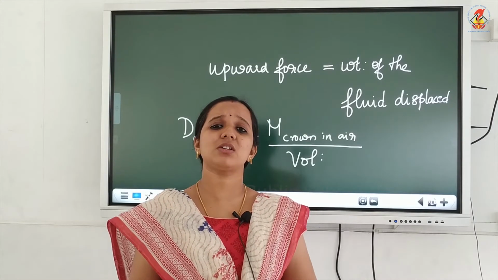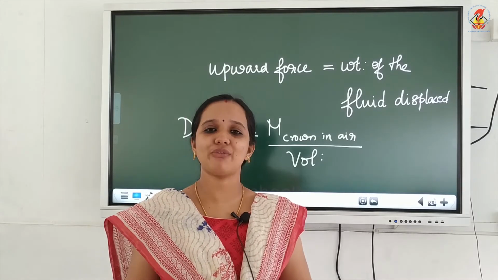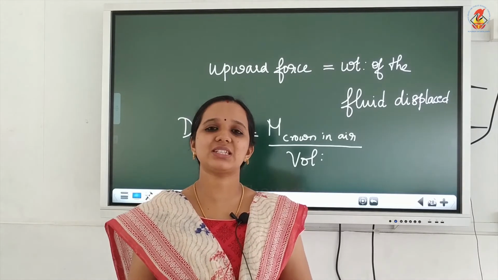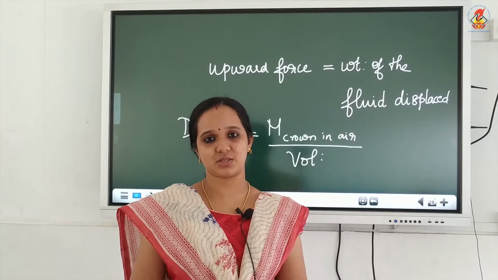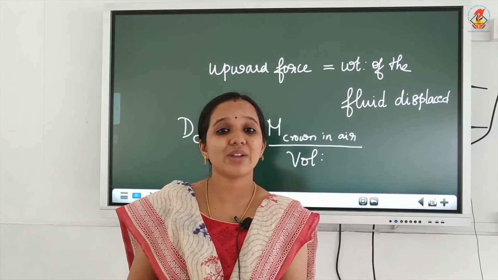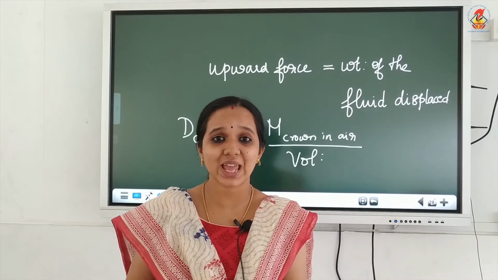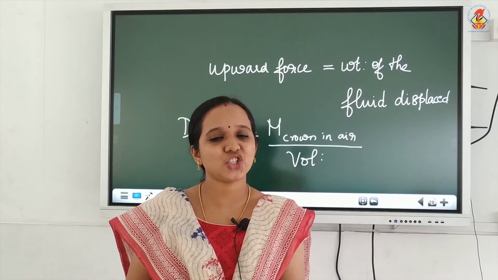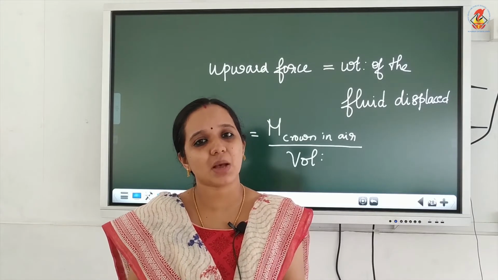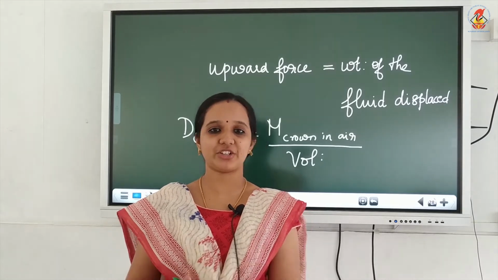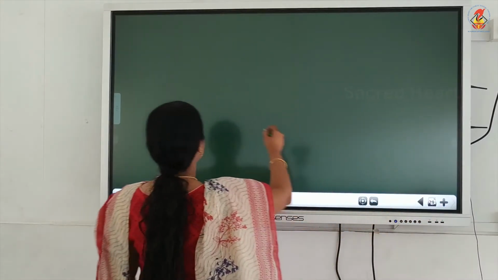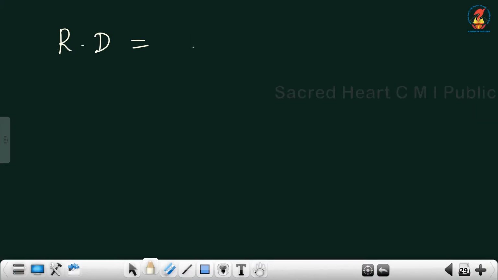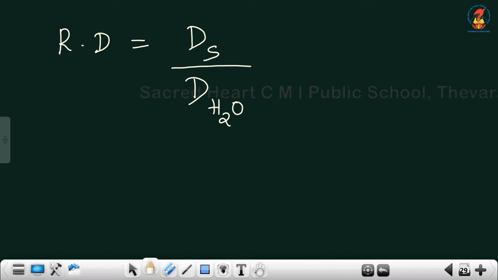Now, before passing on to the application of Archimedes principle, let us get acquainted with certain terms. Okay, the first term is relative density. Relative density means it is a ratio of density of a substance to density of water.